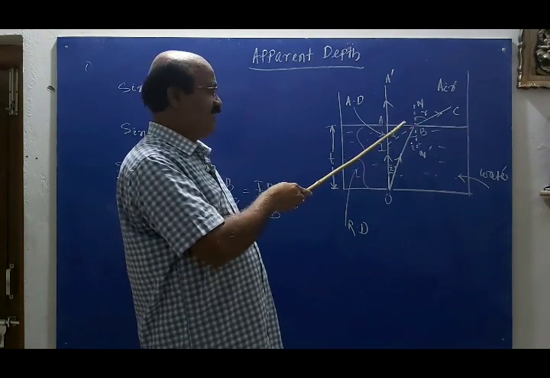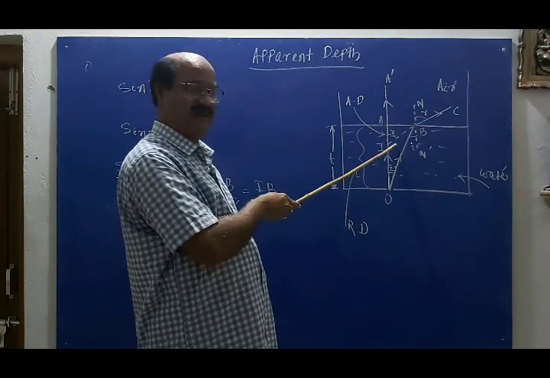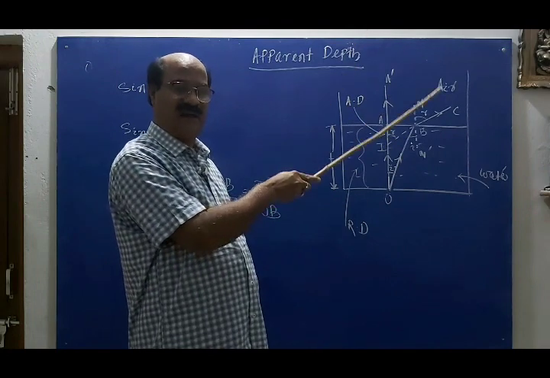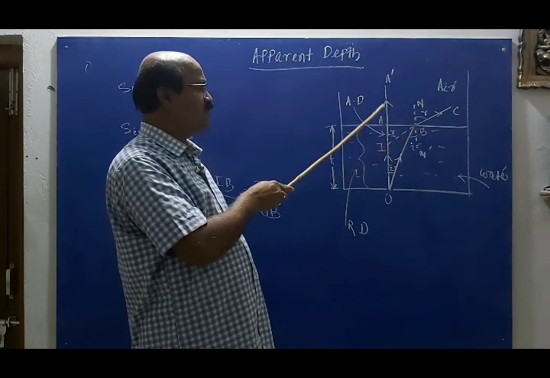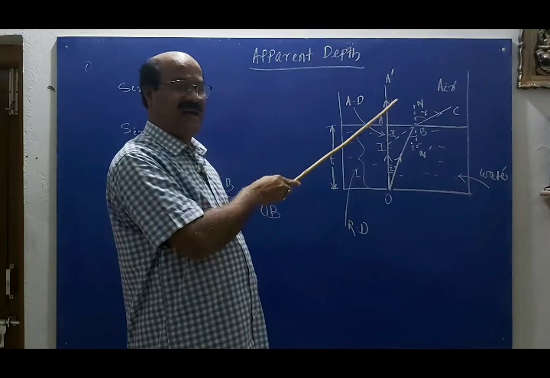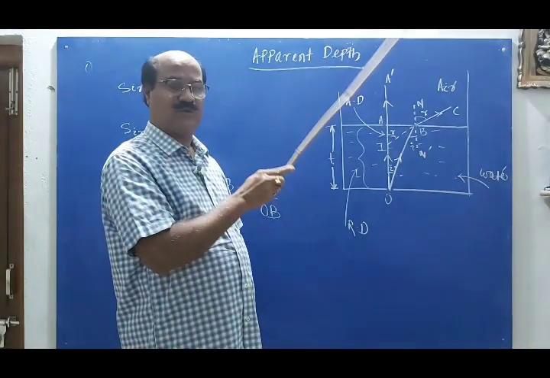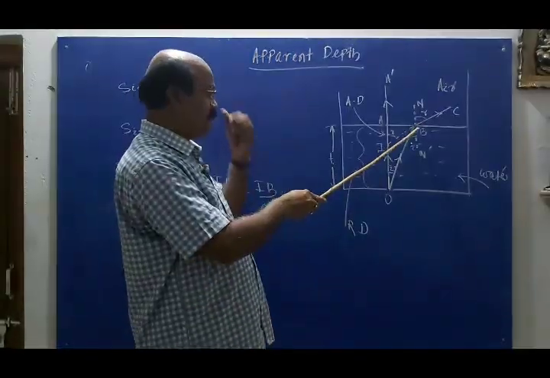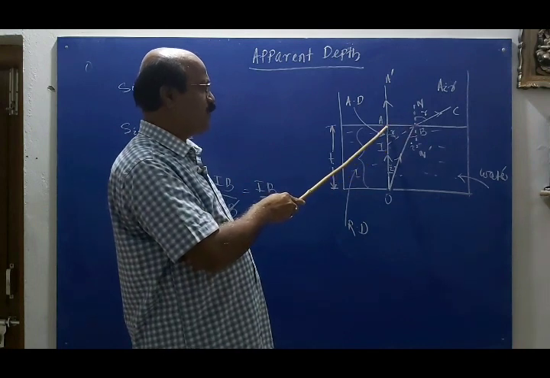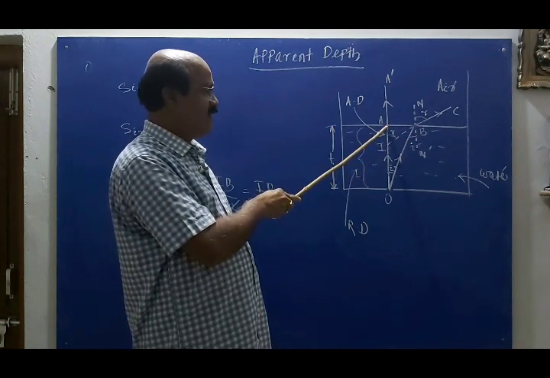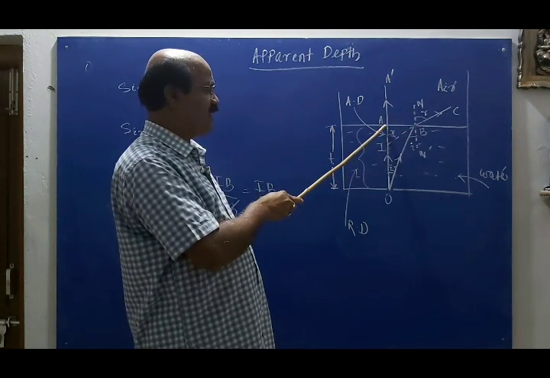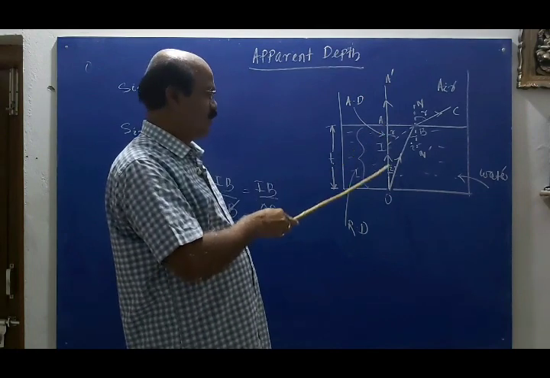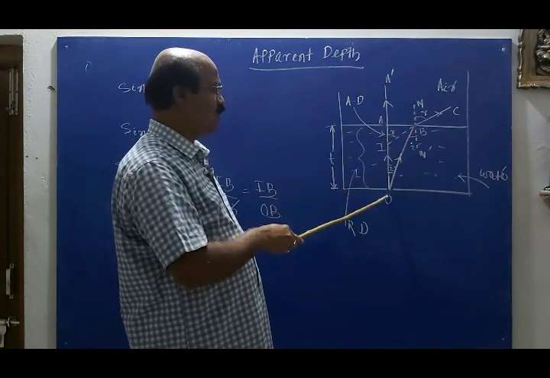If point B is very close to the point A, then we can assume OB is nearly equal to OA.